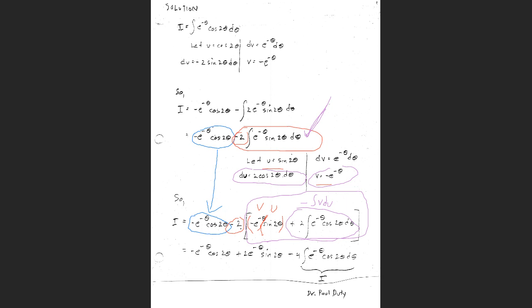Thank you. Sure. Well, it turns out that something interesting happened. On the second integration by parts that we did, the integral that we got here, isn't that the same integral we started with?